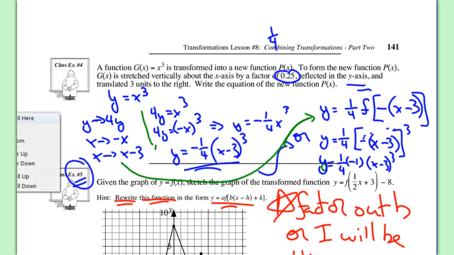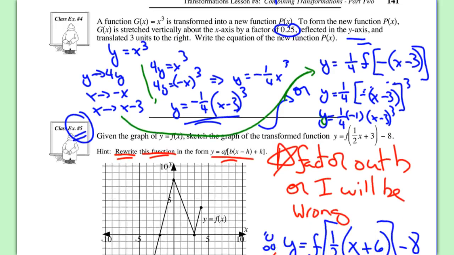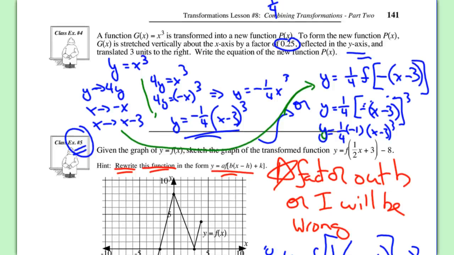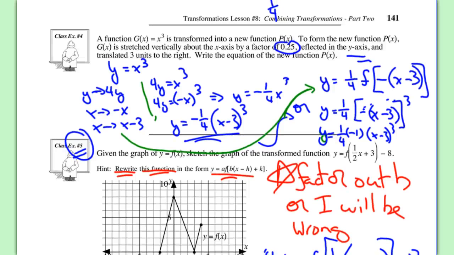All right, when we look at the next function once again, the hint comes up again. Factor out b or I will be wrong. And they gave you a hint here. So when it says to transform this function so that you can do it on the graph, the first thing you have to do is factor out the half, which you may not like.